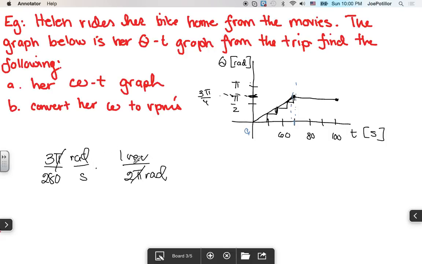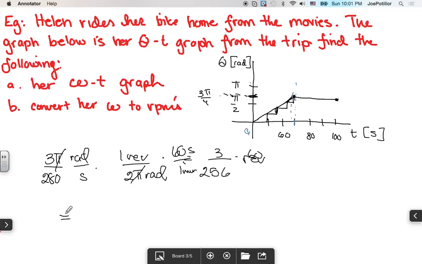Pi's cancel. So 28 times 2 is 56. So it's 3 over 256 of a revolution per second. And of course we know that there are 60 seconds for every minute. So it's times 60.